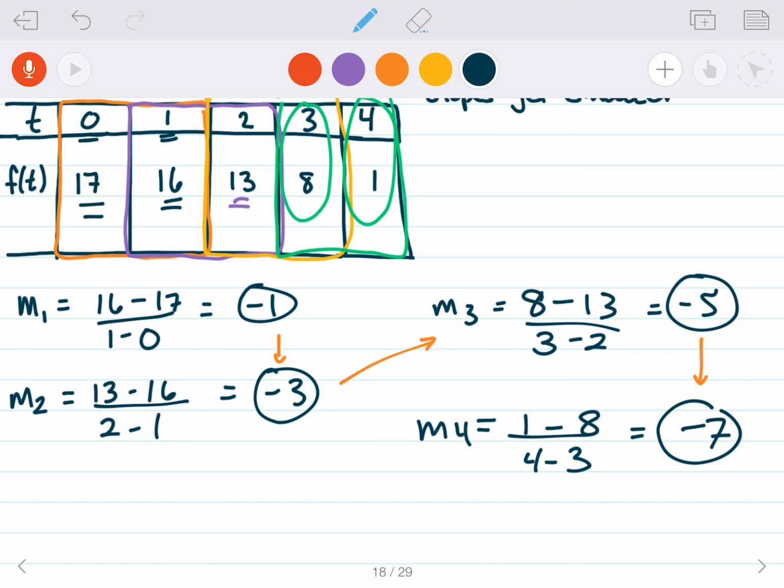Knowing these points, we could just do a really rough sketch. So here's our t-axis. Here's our f of t acting like our y. And the first one is the point 0 comma 17. So let's say this is 0 comma 17. Then we have t equals 1.